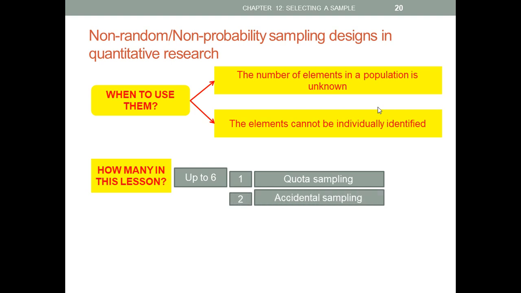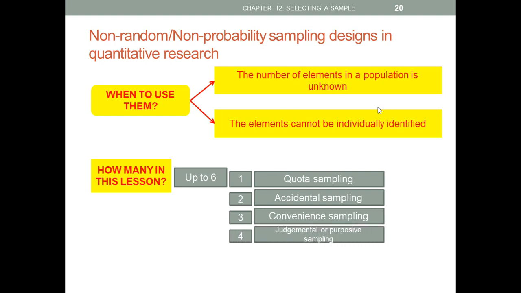The second one is accidental sampling. We are going to talk about this important concept also. The third type of non-probability sampling design is convenience sampling. Fine, we're going to cover this in a moment.